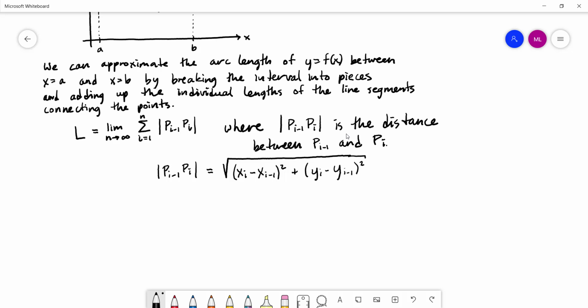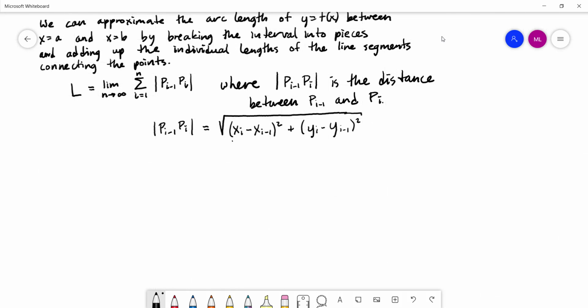It's the straight line distance. To make things easy, I'm going to write this as just delta x_i, and this will be delta y_i. So the difference, again, between the two x coordinates and the difference between the two y coordinates, we'll just call those the deltas.